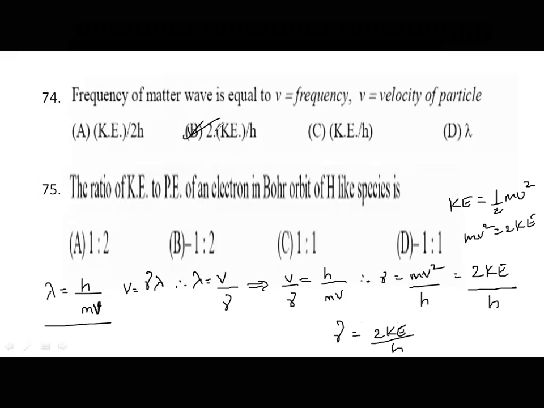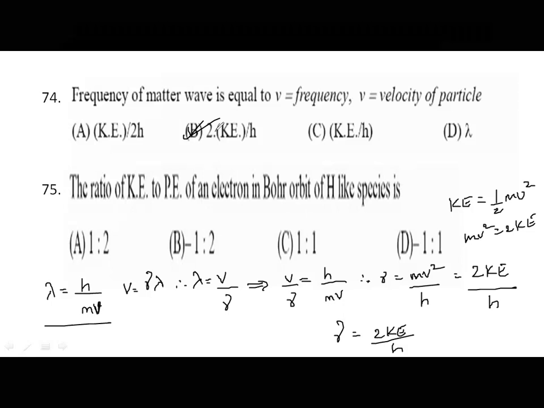Next, the ratio of kinetic energy to potential energy of an electron in Bohr orbit.